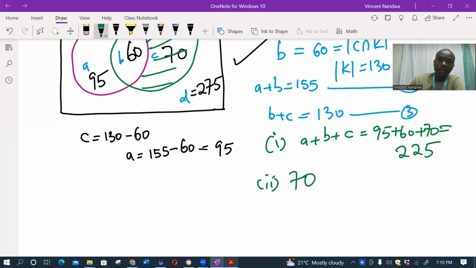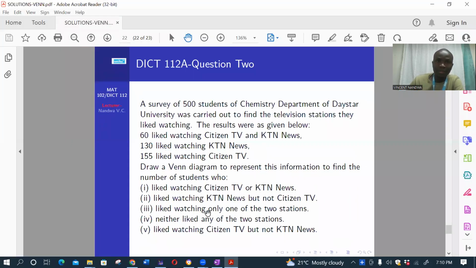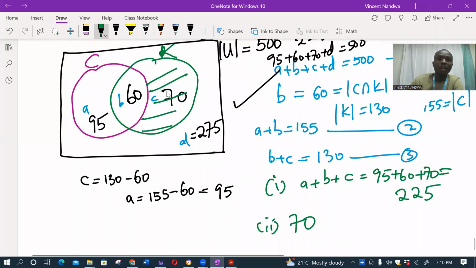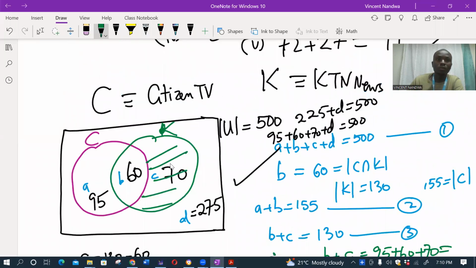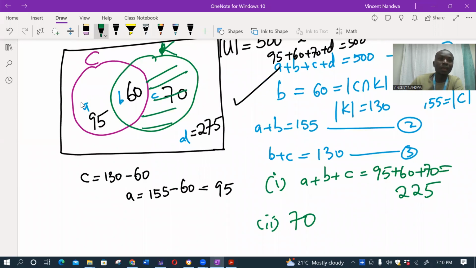And then next, liked watching only one of the two stations means you either like watching Citizen TV alone or KTN News alone. So it means you are either in A or C. The answer to that part will be 95 plus 70, which is 165.